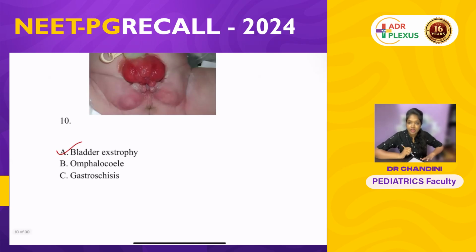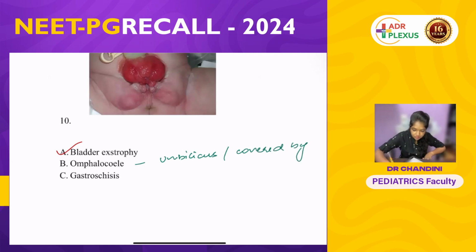What about omphalocele and gastroschisis? In omphalocele, the swelling or protrusion will be present near the umbilicus, and it will be covered by a sac. Gastroschisis will not be covered by a sac. You will see the intestinal contents, the abdominal contents, outside.